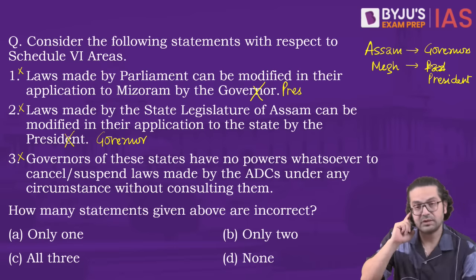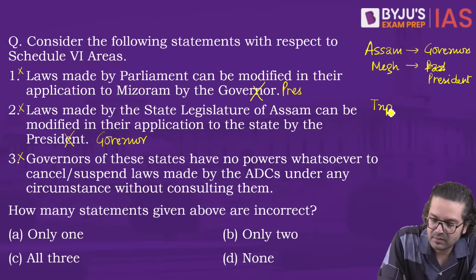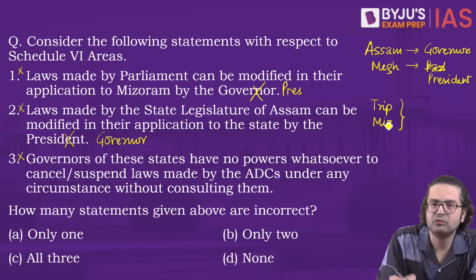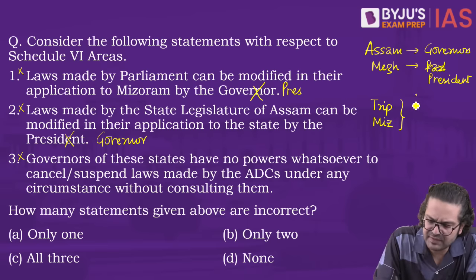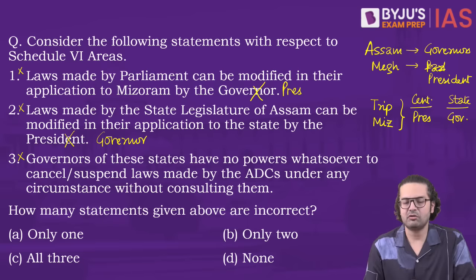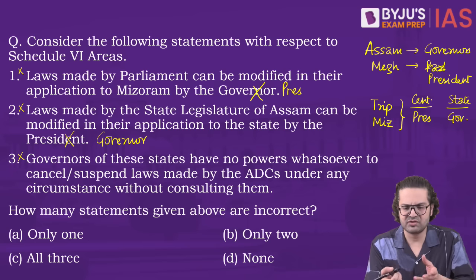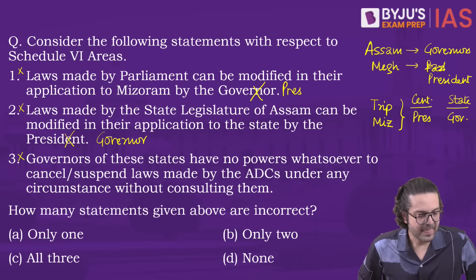And when it comes to the other 2 states, that is the states of Tripura and Mizoram, for these two states, it depends. If it's a central law, then it's the president who will modify the laws. If it's a state law, then it's the governor who does it. So please make sure you remember this differentiation. It's important. There can be a prelims based question from this very topic.